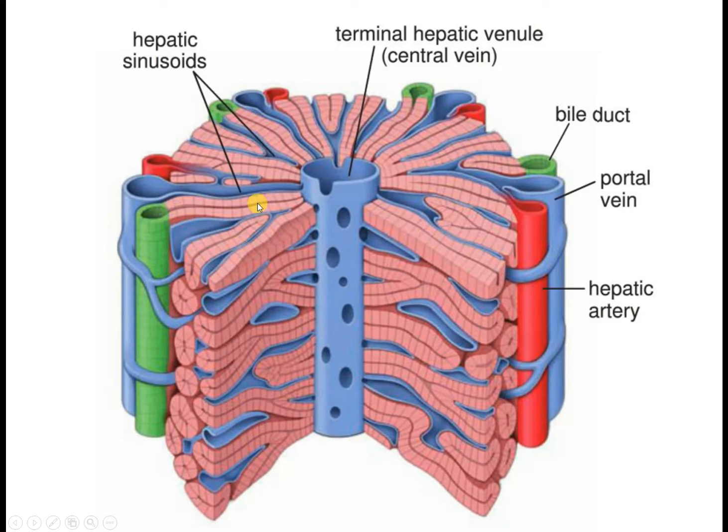And in this direction you see, from this portion cells gradually come to this portion, from the triad portion to the central vein portion, and that's how refreshment of the liver goes.